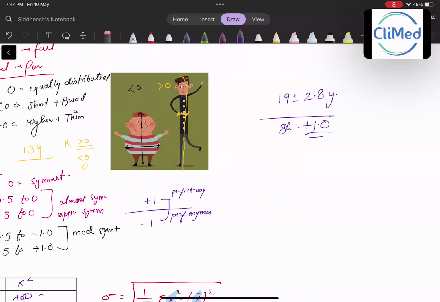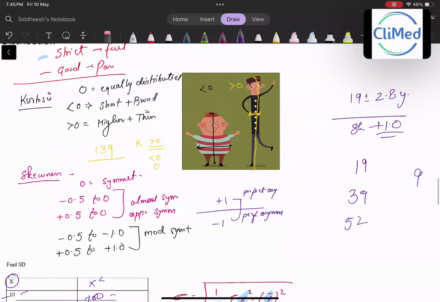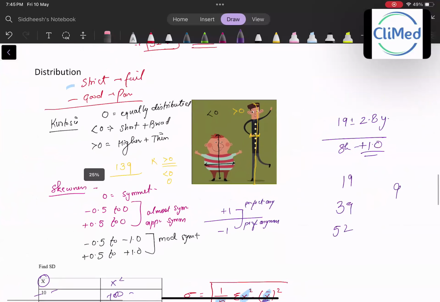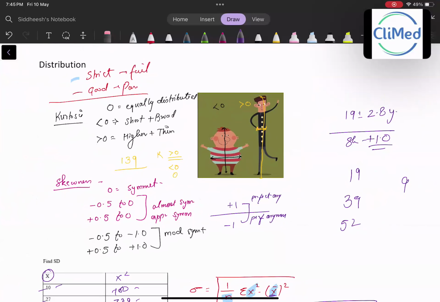That means in your data we are having a lot of variation. Some people might be 19 years of age, some 39, some 52, some 9. We are getting a lot of range from the central value. This is what skewness indicates. What about kurtosis? How much data is tall, short, wide, or thin? This is how you have to remember these two parts. Done, everyone?